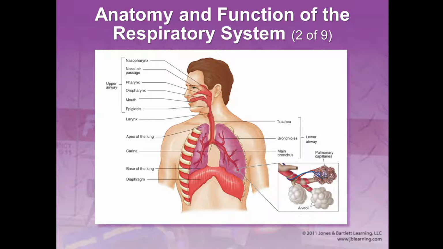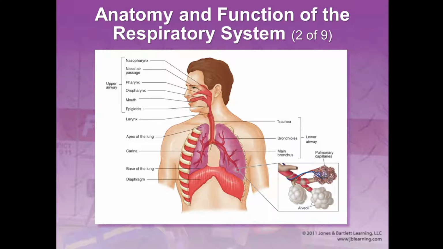So they branch off into each lung, and then you have several other branches off of the bronchi, which are called your bronchioles, and that goes throughout your entire lungs, and then even smaller at the end of your bronchioles, you have your little pulmonary capillaries, and that is where the gas exchange happens.